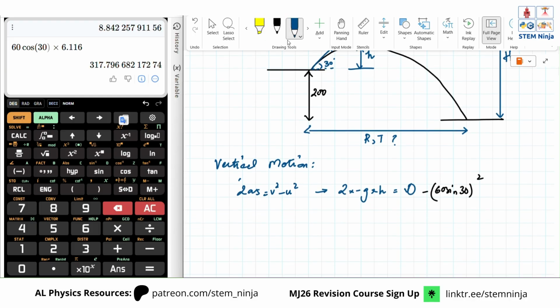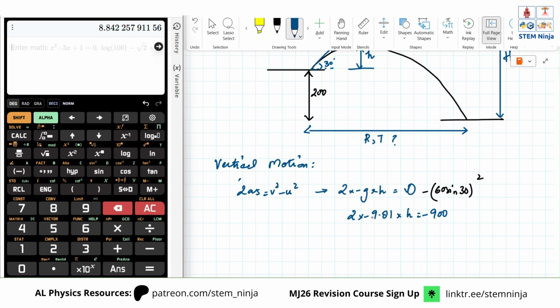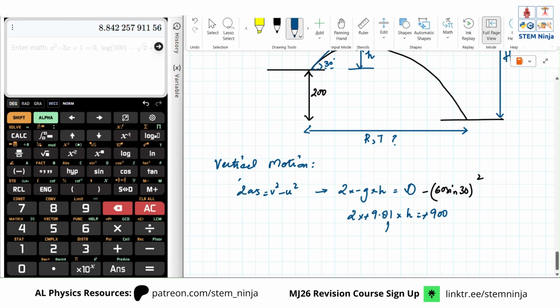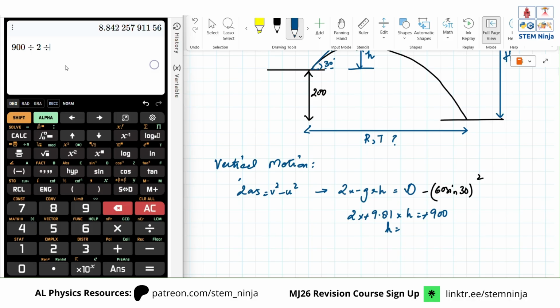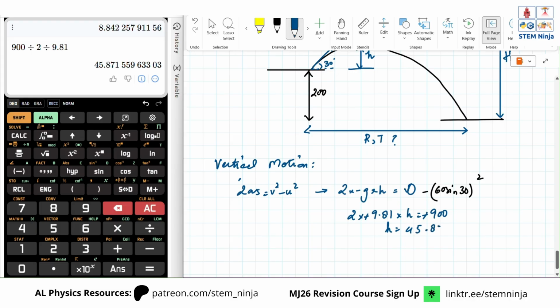So let's simplify that. This would be 2 times 9.81 times the height, minus 30 squared would be 900, minus. So minus minus cancelled. So h would be 900 divided by 2 divided by 9.81, which is 45.87 meters.